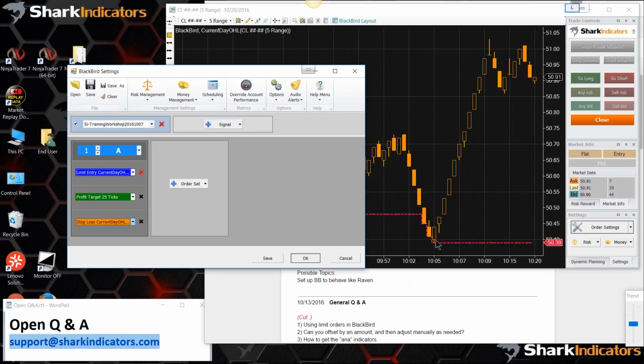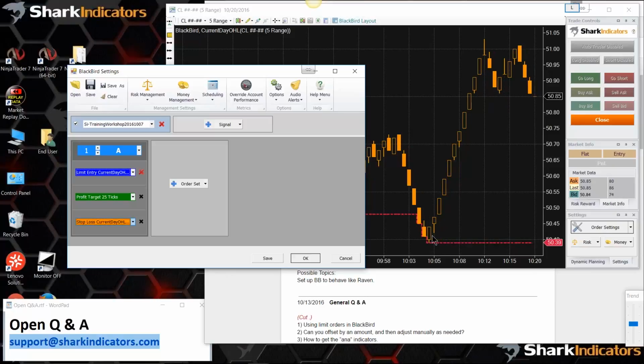So I guess wherever the price came down and bounced to get us in that trade, that's probably going to create a swing low for a long trade here.